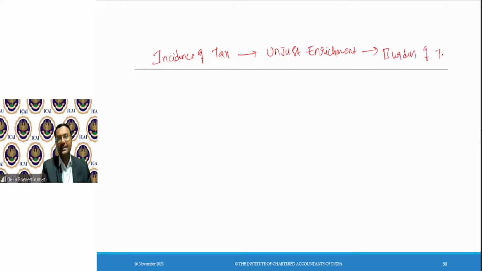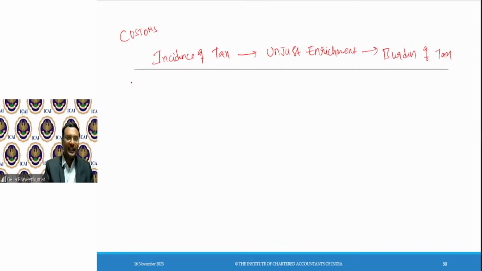I don't know how many of you have issued a CA certificate giving this unjust enrichment to a particular customer. In customs law, we used to rely upon this particular aspect. When I touch upon customs, there's one topic called refund under customs law. I will give a little more clarity under customs law. So this incidence of tax, or I would call unjust enrichment or burden of tax.